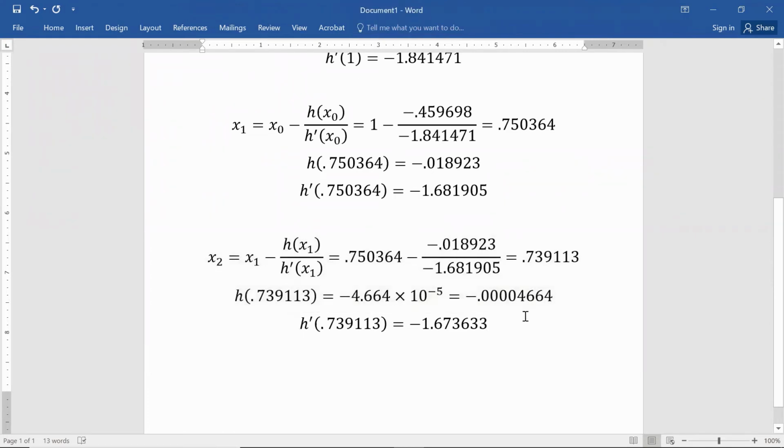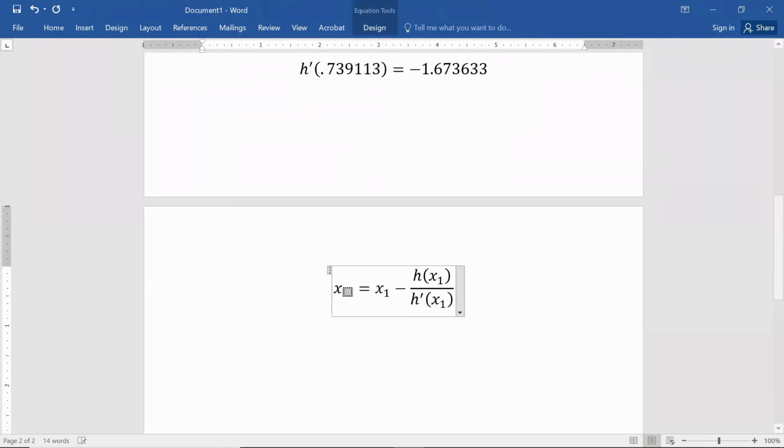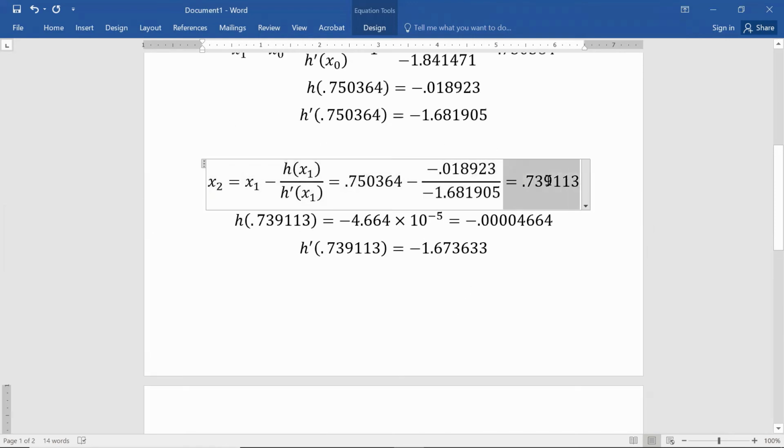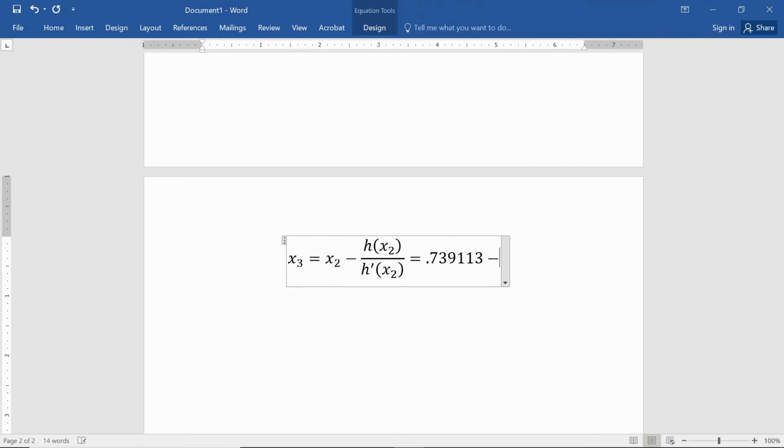As you can see, the third iteration is going to start at the second iteration, and it's going to change the second iteration by this factor here. The second iteration is the 0.739113 number. And it's going to change that by a fraction.